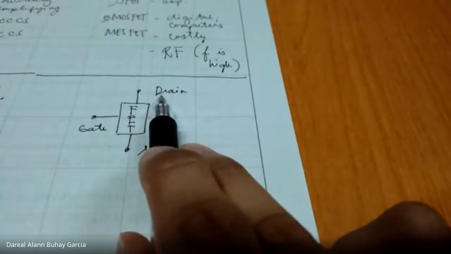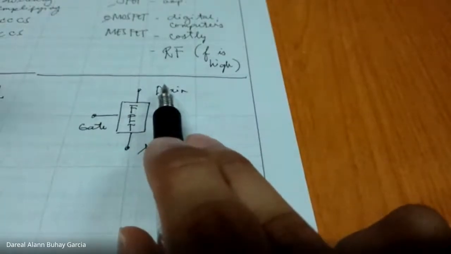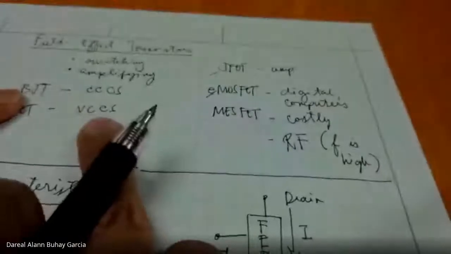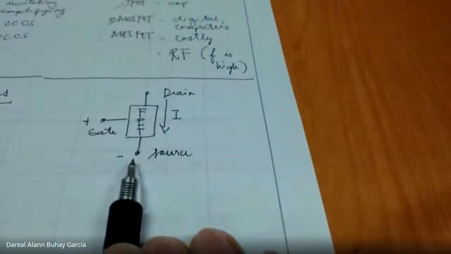But since we use conventional current flow, our current flows from the drain to the source. The operation of our FET, because it is a voltage-controlled current source, is controlled by the voltage applied at the gate to source junction.